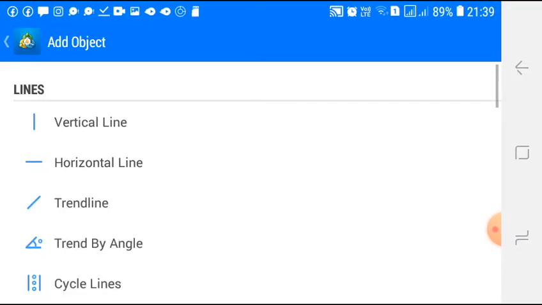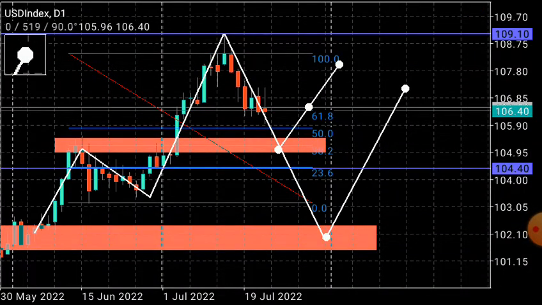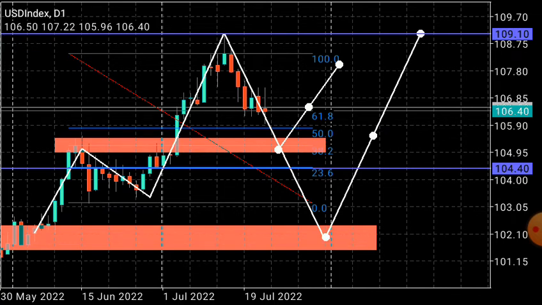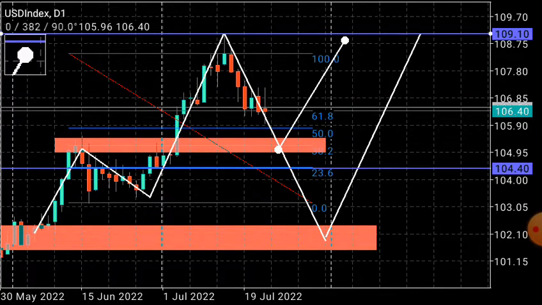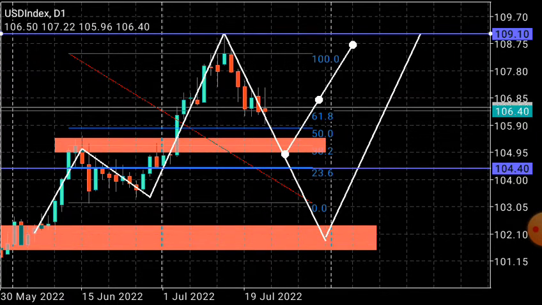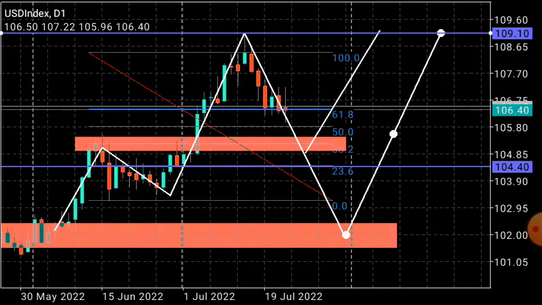As I'm saying, I'll take the next opportunities from this low, targeting the high at 109.10, right there. The first opportunity is on the 38.2% retracement level, looking at the candlesticks to confirm my entry, and then waiting probably for reversal patterns like head and shoulders on the smaller time frames.